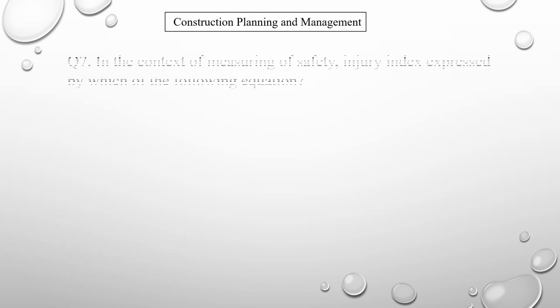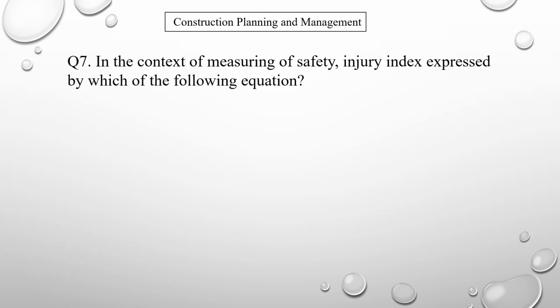Then the next question is from construction planning and management. Question number 7: in the context of measuring the safety injury index, it is expressed by which of the following equations? Here they just ask for the formula of the injury index.